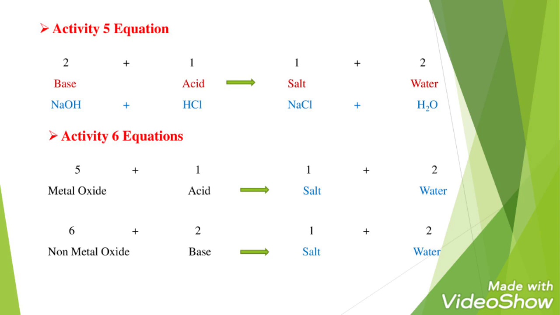But the starting reactant in activity 5 is base, and here it is metal oxide. In place of base, metal oxide reacting with acid also gives the same salt plus water. So in this way student can understand metal oxide and base are of the same nature.